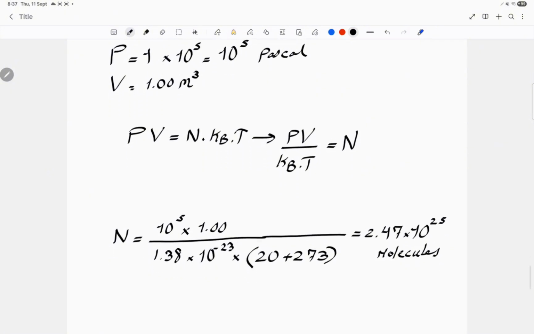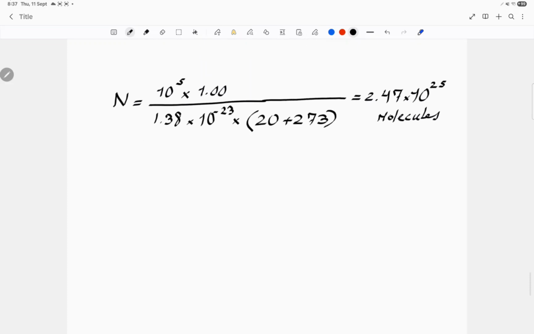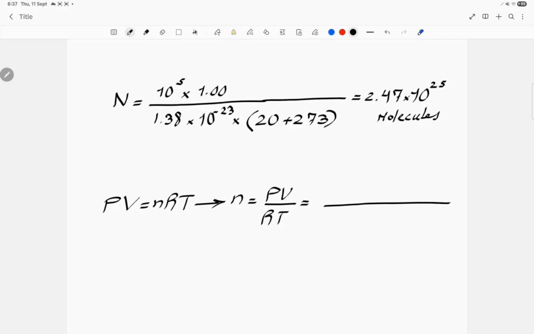And the second part of the question wants to find the moles. And now you can do PV is equal to nRT. And we're looking for the n, which is the mole. So n is equal to PV over RT. And that means you'll multiply your pressure of 1 atm, your pressure of 10 to the power of 5 Pascal, by the volume of 1 meter cube.